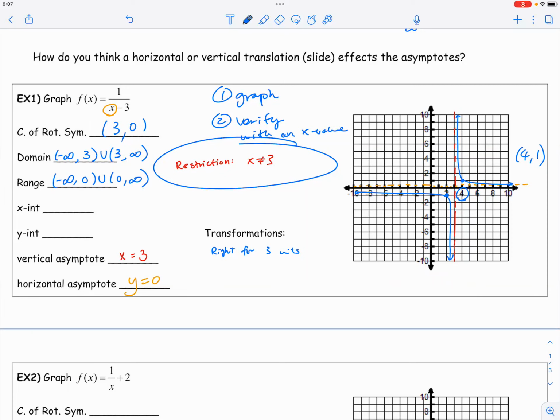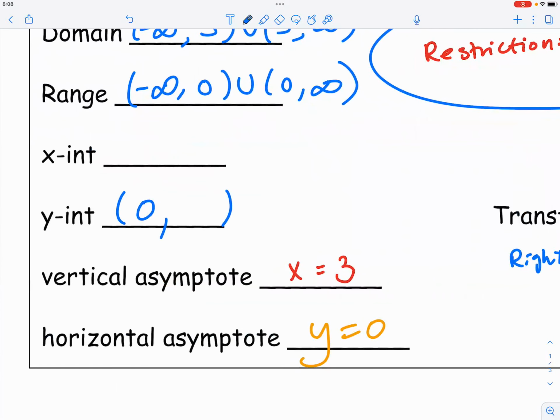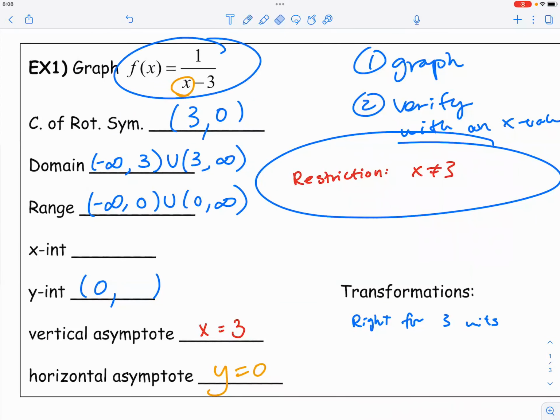All right, now I'm going to do the y-intercept first, because y-intercept is so easy. What do we know about the y-intercept? Y-intercept is when x is equal to 0, right? That is a fact. And you look at the function right here and say, what would y be if x is 0? -1/3.